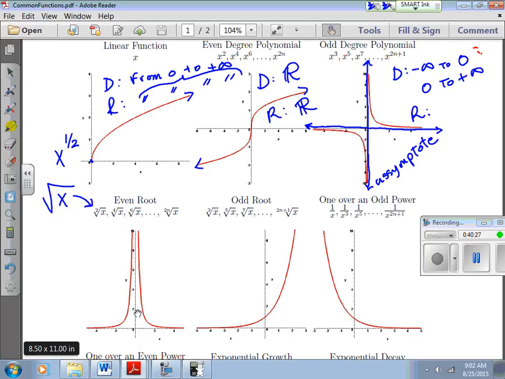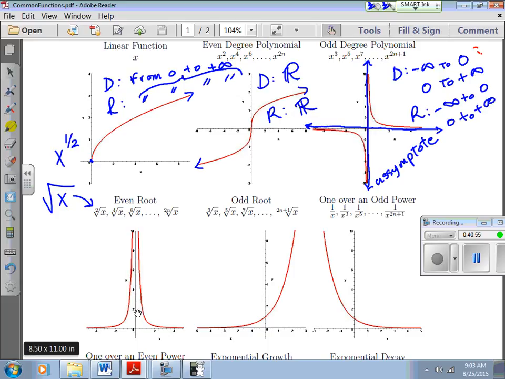There's a stop here at y equals 0, right? There is never going to be a coordinate that has y equals 0. So the range is from negative infinity to 0, and from 0 to positive infinity because of this asymptote.